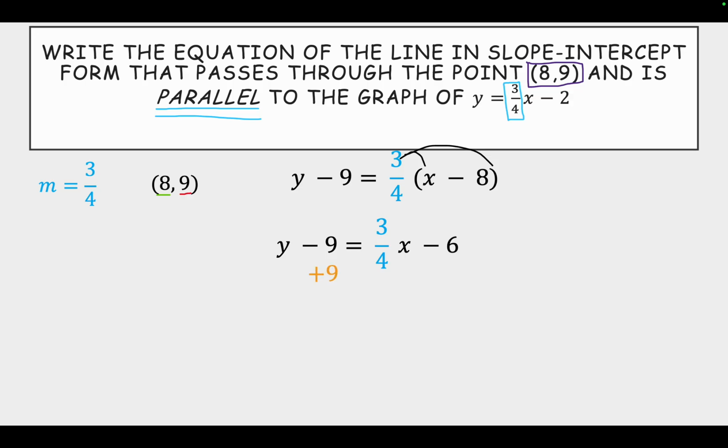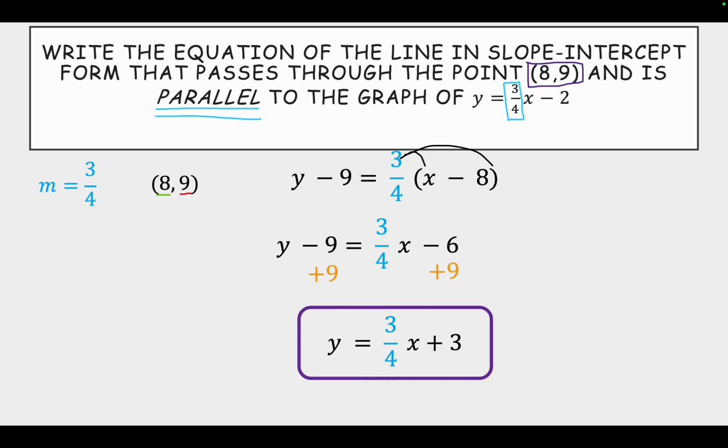And we can get rid of that 9 by adding 9 to both sides. And we get y equals 3 over 4x plus 3. So our equation would be y equals 3 over 4x plus 3.